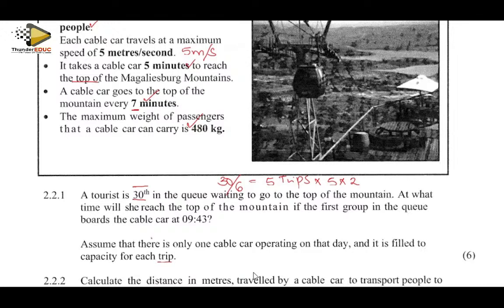Because it has to take the first 6 people to the top of the mountain, then it comes back to pick others. So if it takes 5 minutes to go, we say 5 minutes to come back. So how many minutes has it used? We shall say the 5 trips, each is 10 minutes, plus the 7 minutes it takes for each trip.